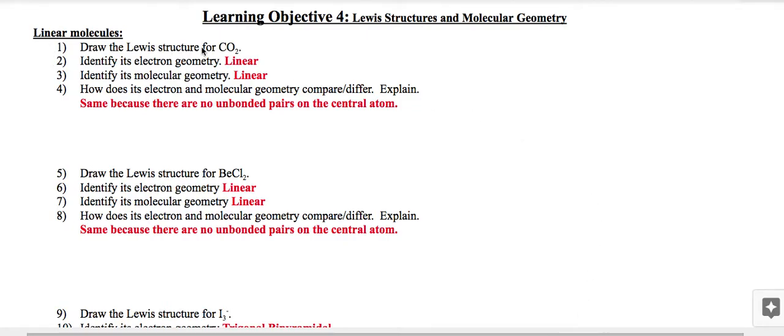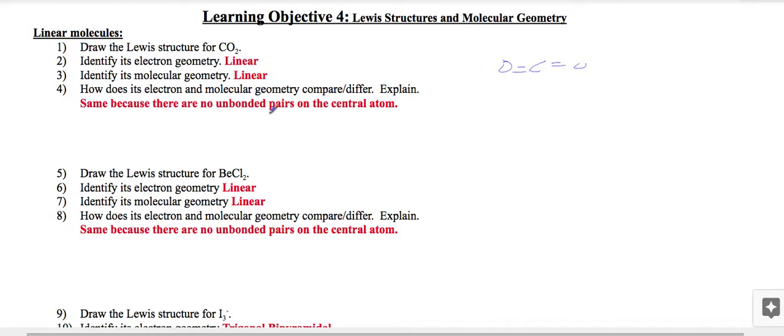We have our carbon dioxide, linear, and the big thing here is that we're looking at whether or not we have extra electrons on that central atom. And that will determine our electron geometry as well as our molecular geometry. And we notice here that we don't have anything extra on that central atom, just 2 things attached to it, so it's going to be linear.